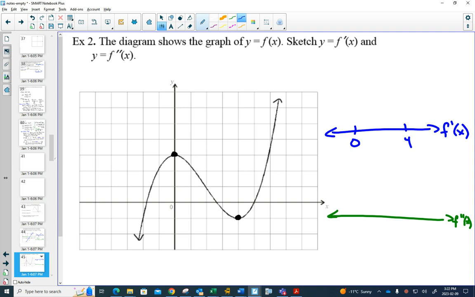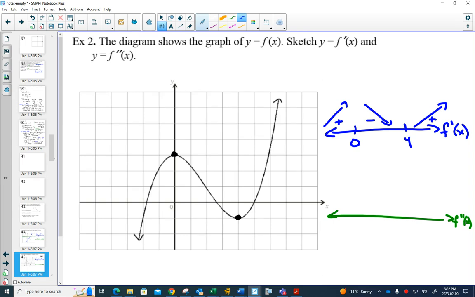Do you see that our graph is going up, then down, then up? Which means that this has to be positive to go up, this has to be negative to go down, this has to be positive to go up. We now have enough information to draw our first derivative.